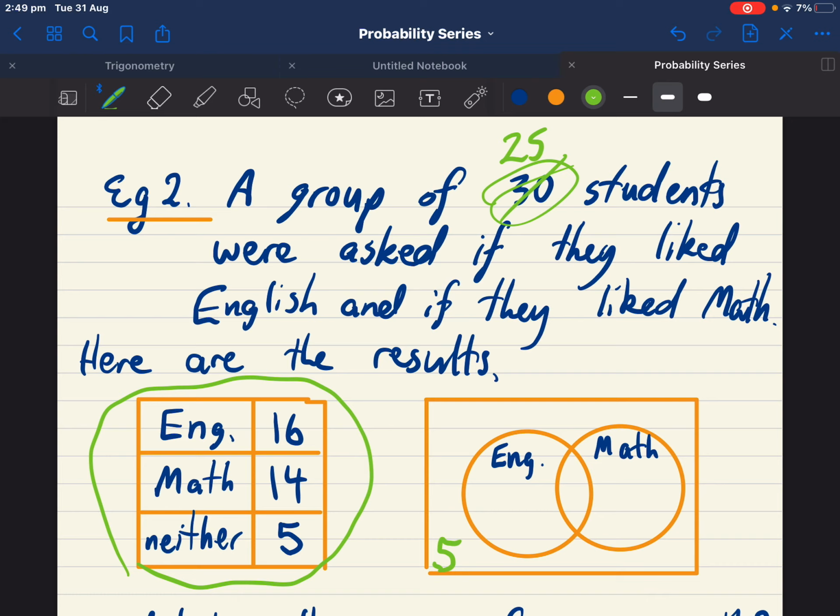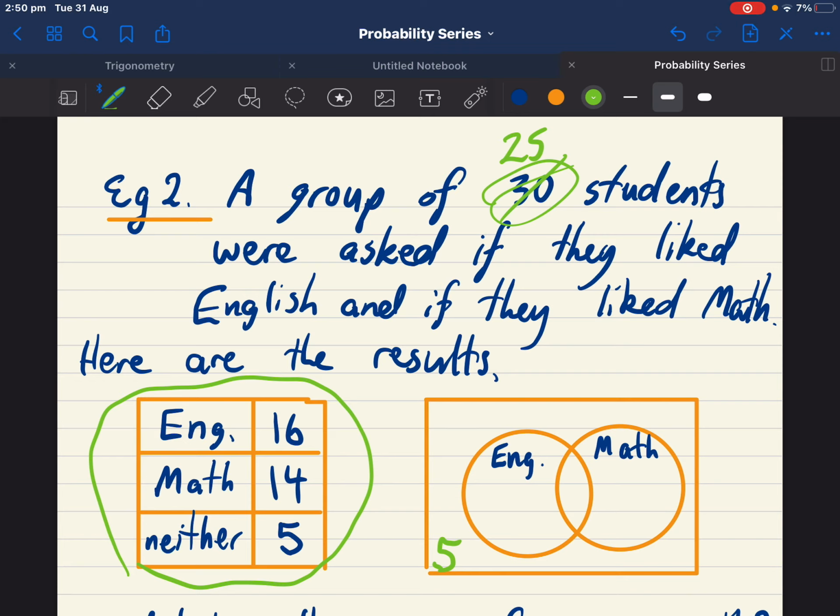Well, let's keep going across from left to right. Let's look at the English circle. How many students picked English? Or how many students said they liked English? 16. So that English circle needs 16 students in total. We've got 25 left that need to go in the circles.